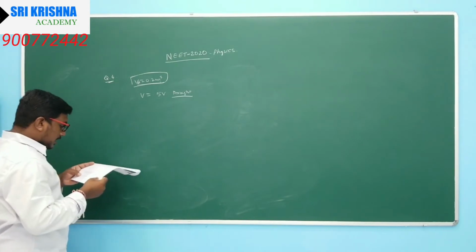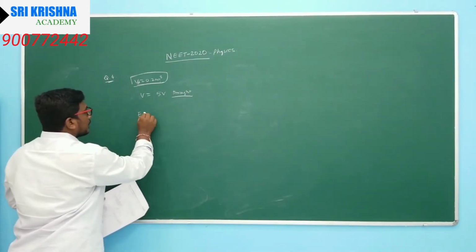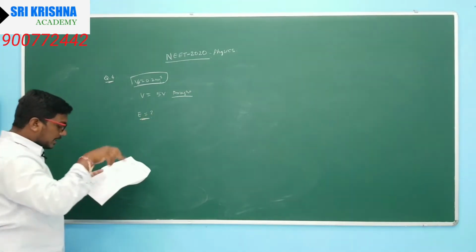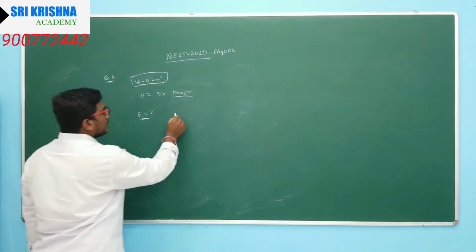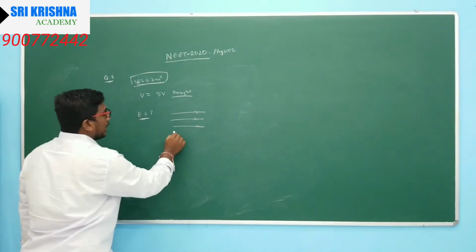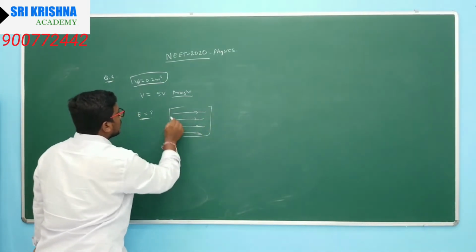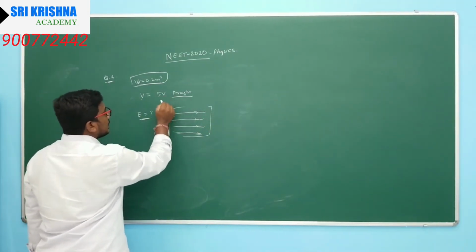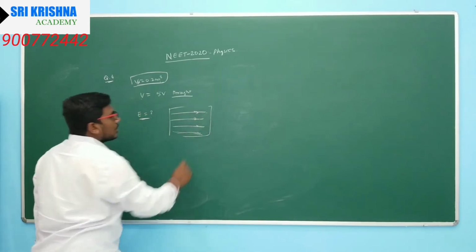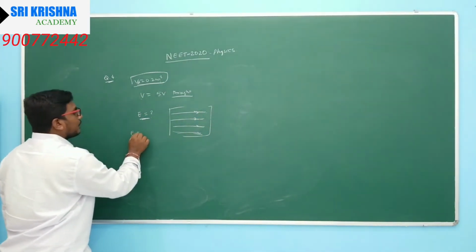So he is asking us to find out the magnitude of the electric field within that region. When the electrical potential is constant everywhere in the region, will there be any electric field?